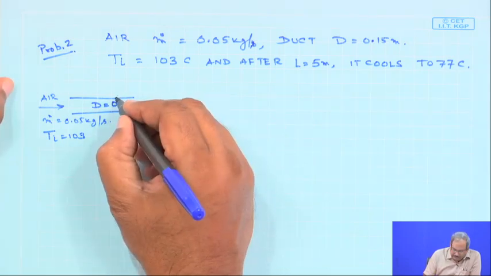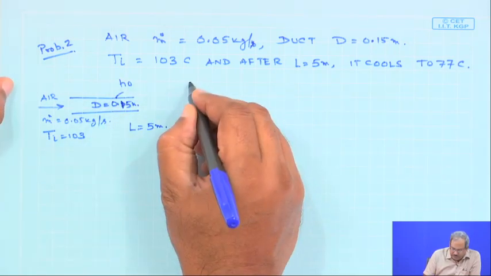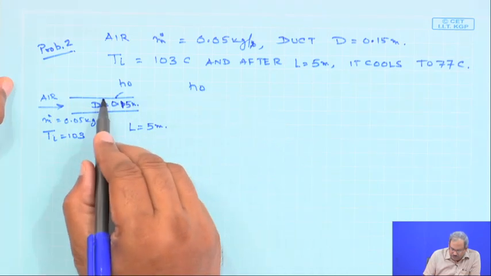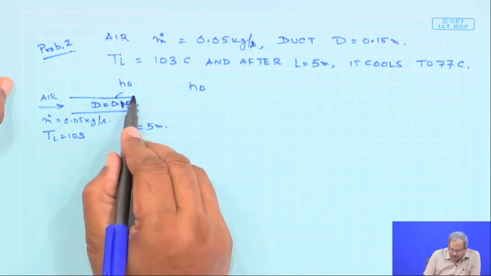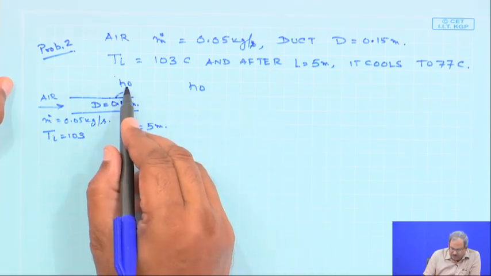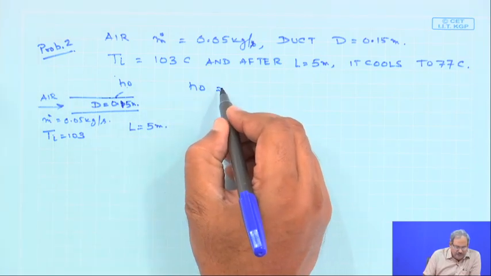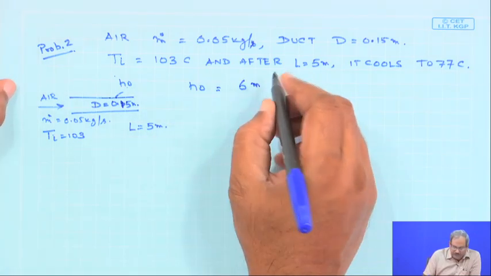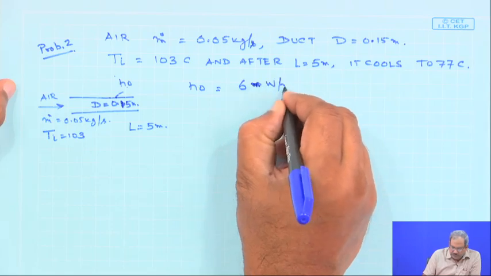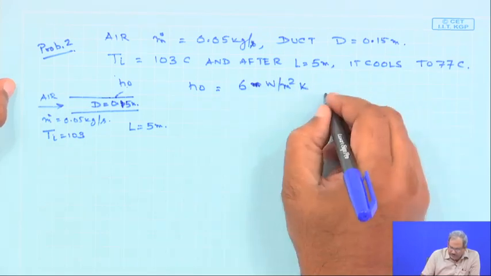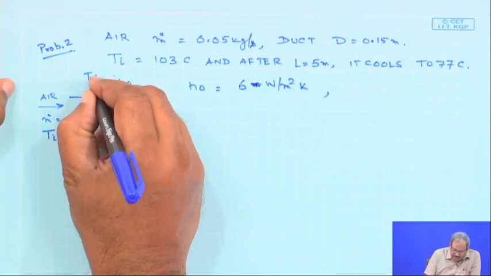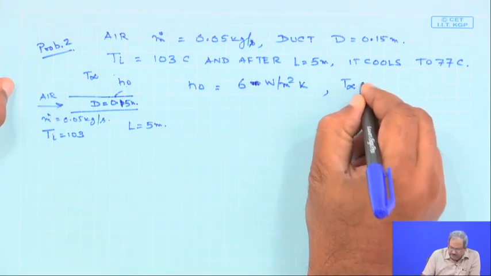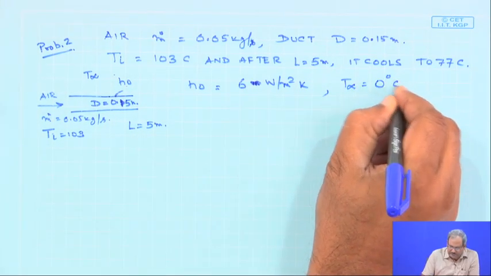The h_o, the heat transfer coefficient from the outside of the duct to the surroundings, is provided as 6 watt per meter square Kelvin, and T infinity is provided as 0 degree centigrade.